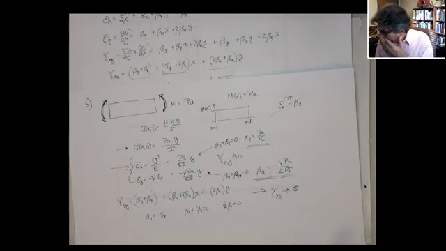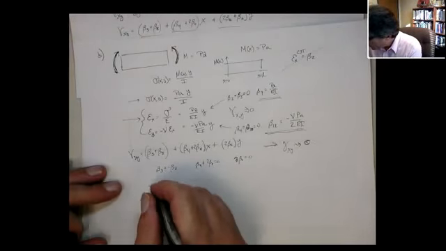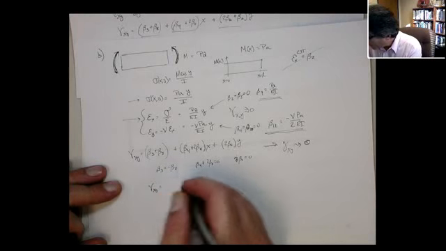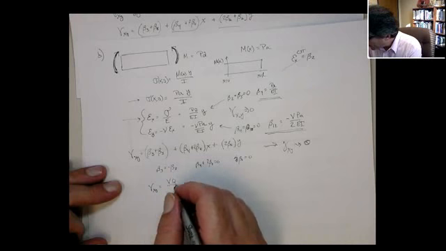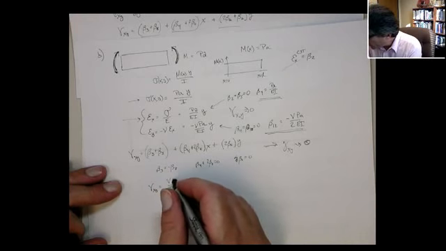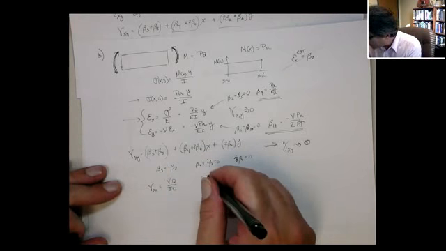Now, in practice, we do know that the shear strain has the following form. It's V Q on I t, right? Where Q actually is a function of the cross-sectional area, right?